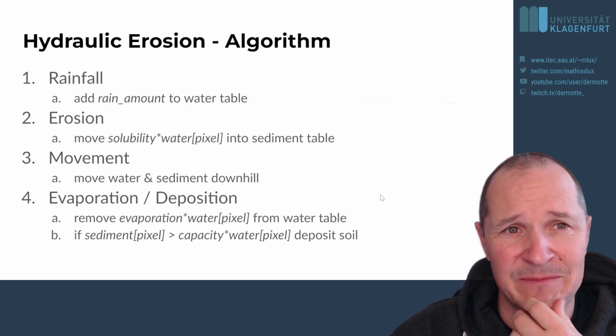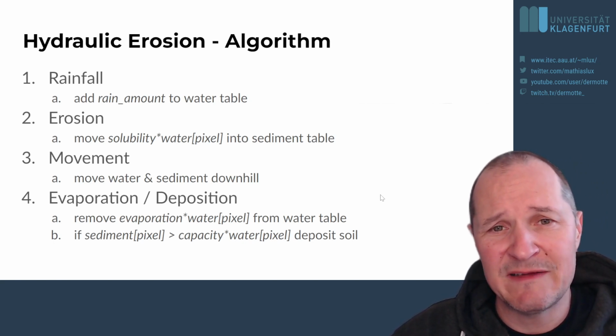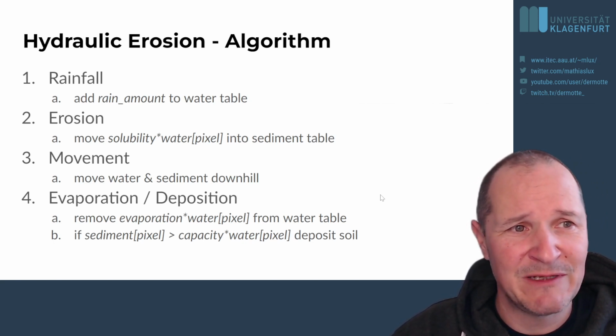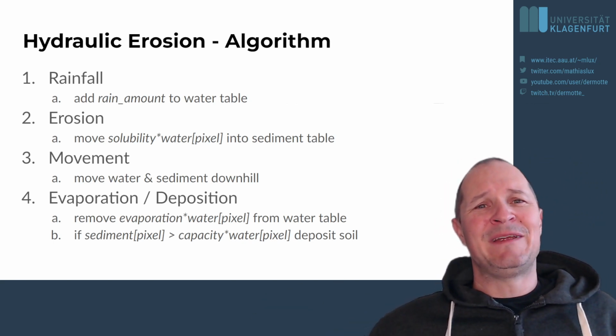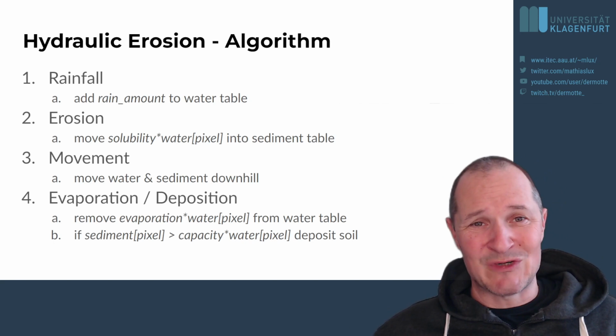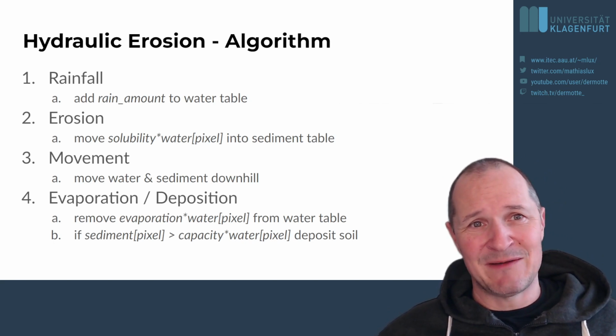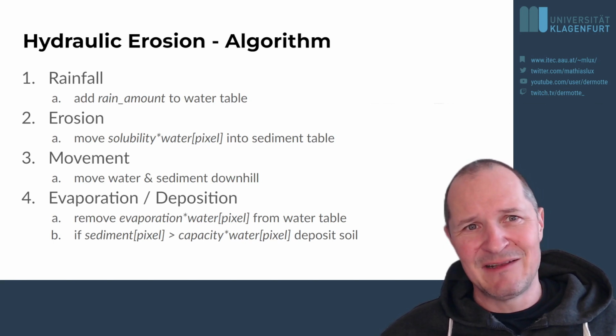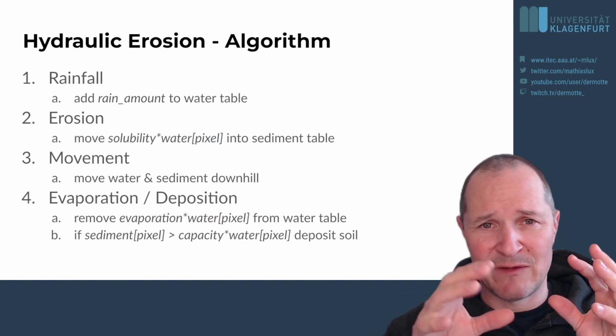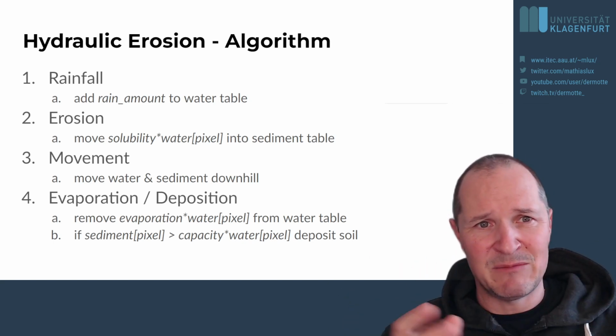So what is the algorithm? As always, simple algorithm, hard to implement, so many unknowns. But the 4 basic steps are: rainfall, rain is coming down, you add a rain amount to the water table. Erosion, you move solubility times water pixel into the sediment table, so taking away sediment from the earth and moving it to the sediment table.